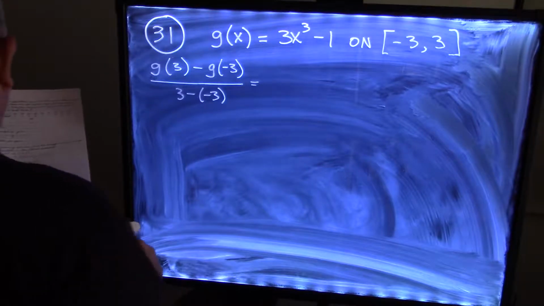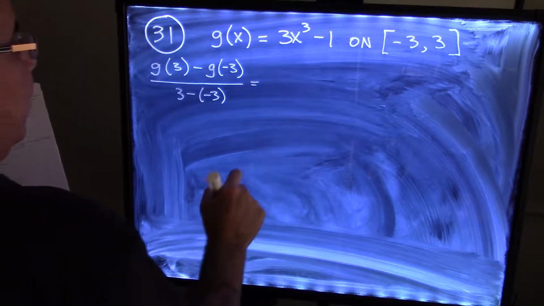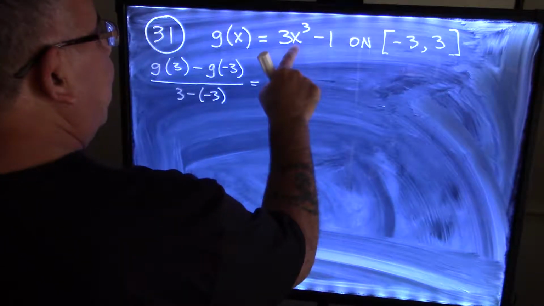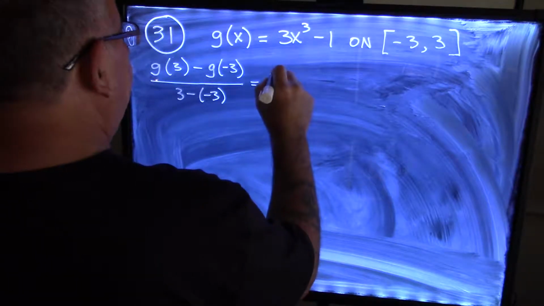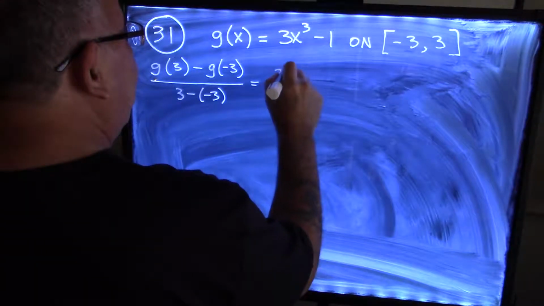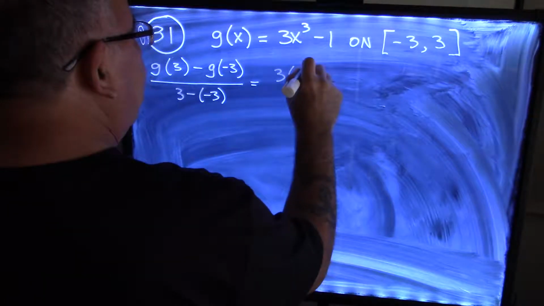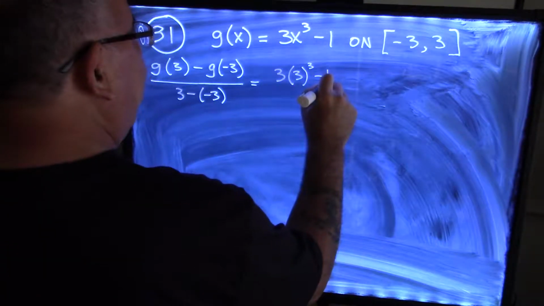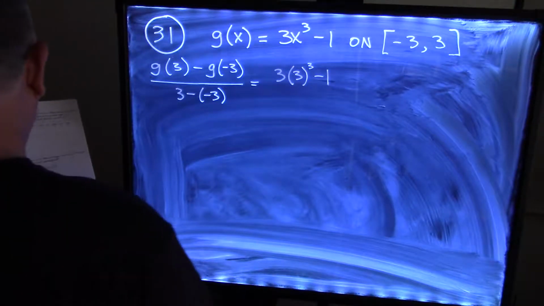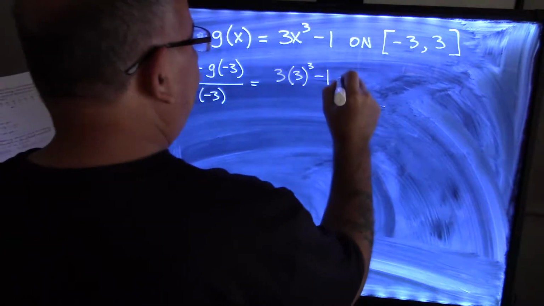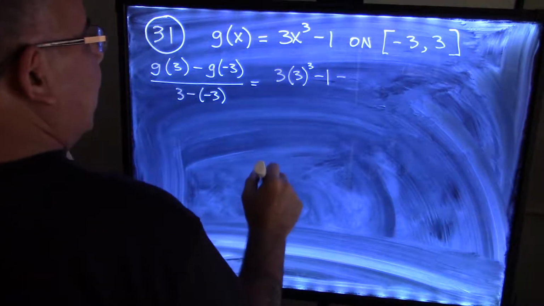Alright, so let's get g of 3 up there. That's plug in the 3 right there. So you've got 3 times 3 cubed minus 1. There's g of 3. And then subtract g of negative 3.